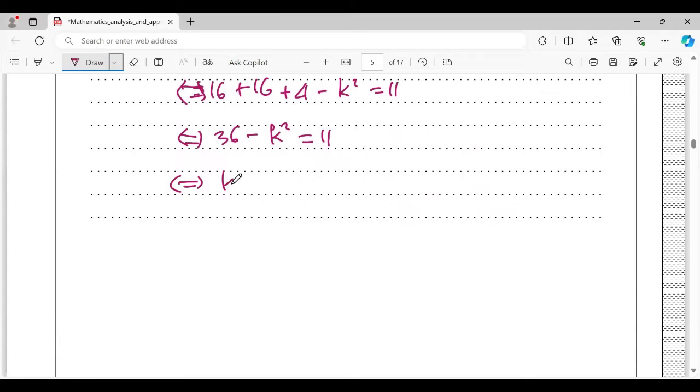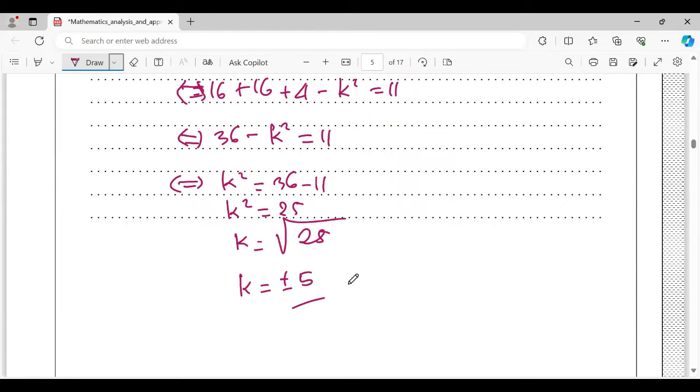So k squared equals 36 minus 11, which is 25. So k equals square root of 25, k equals plus or minus 5. This is the solution.